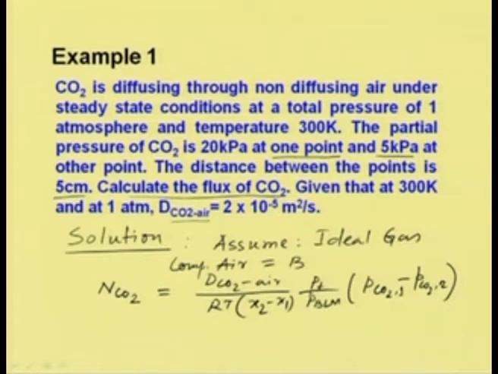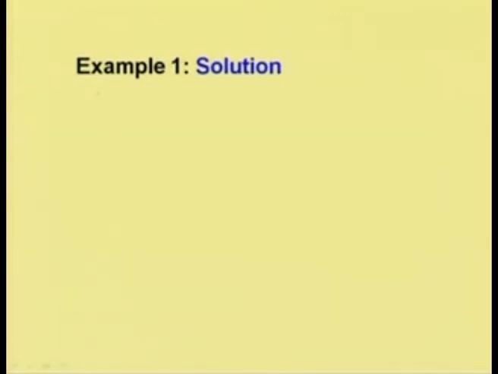The data which is given is the diffusion coefficient, total pressure, R and T are known, the distance between the 2 points is known, and partial pressures were given. We have to calculate P_BLM. So, let us consider the D_CO2-air, which is 2 into 10 to the power minus 5 meter square per second.